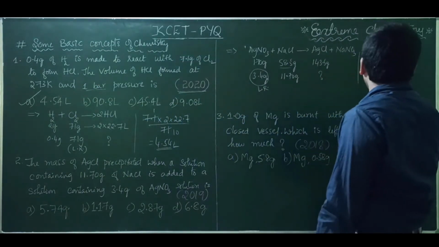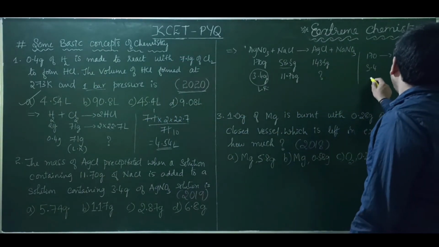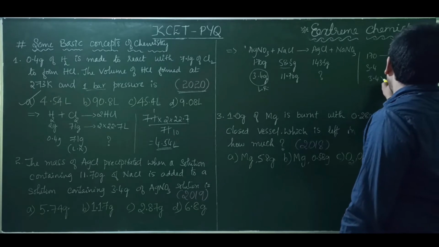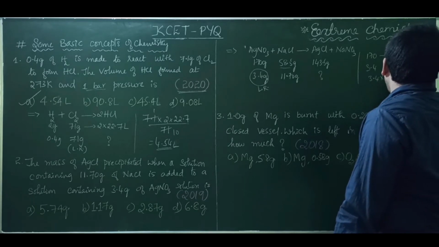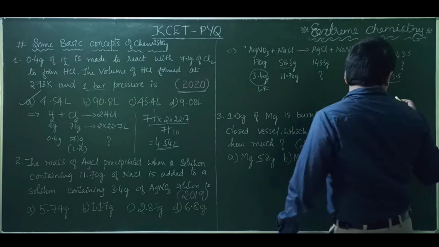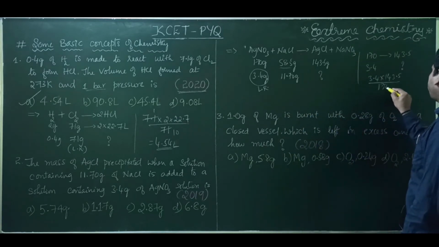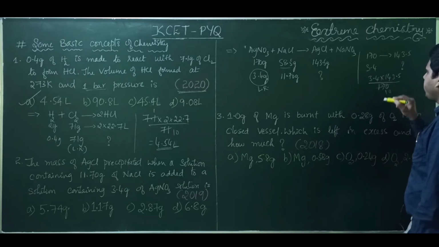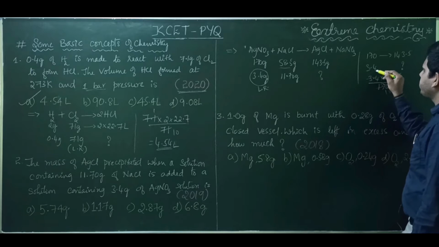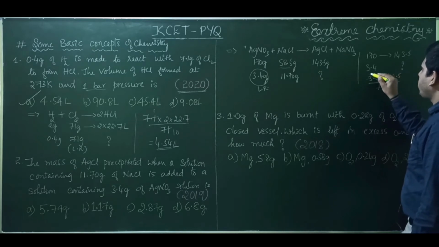So how to do this? Let me write it, 3.4 into 143.5 divided by, let me come here, hope you can see this now, 170, right? So 170 is 17 ones, 10 times it will become, right? It is 2 times 34, so point 0 2 times.